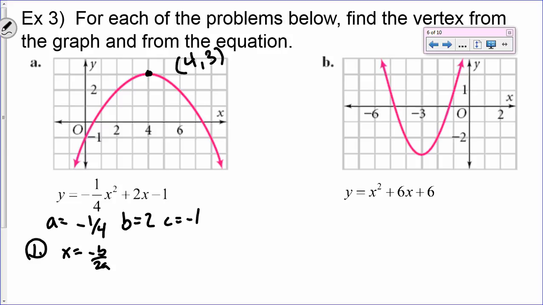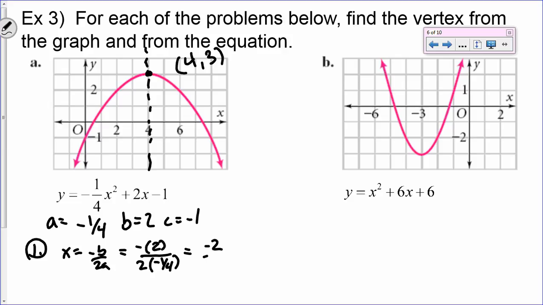And if we observe our graph again, yeah, it looks like that should be the axis of symmetry. So that makes sense. It should give us x equals 4 when we calculate it. So let's see if that holds true. Negative, we're substituting 2 for b, over 2 times a, which is negative 1/4.